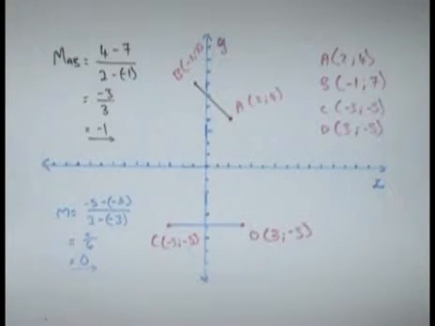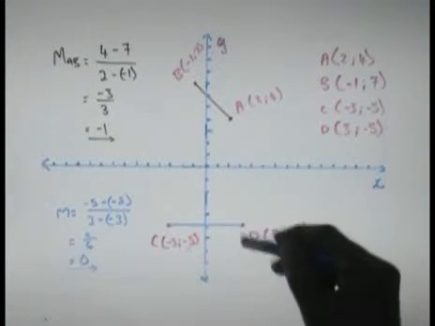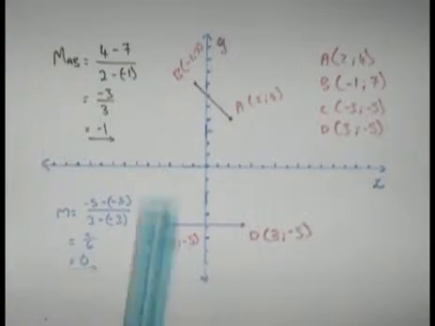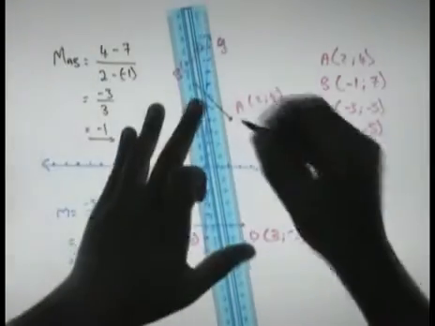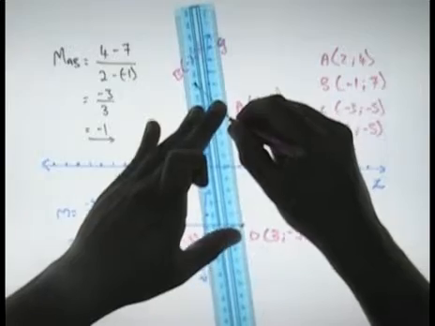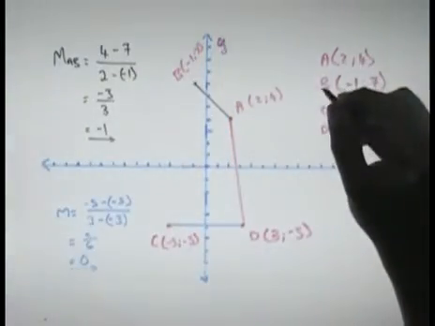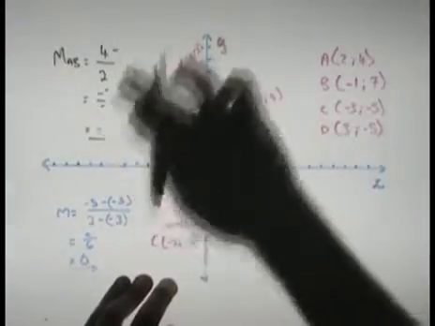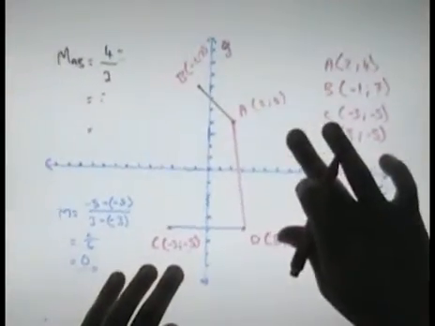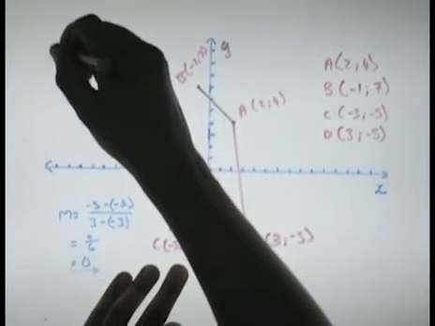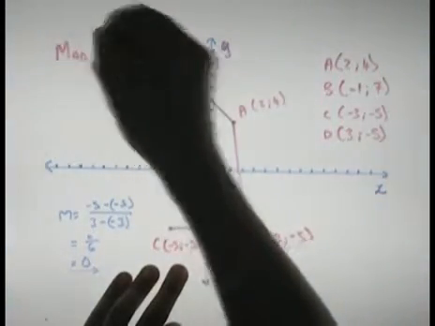Alright, the next gradient I'm going to look at, let's go with AD. Let's look at the gradient of AD. Let's do that one in red. We're looking for the gradient of AD.